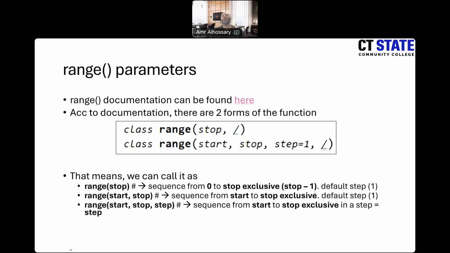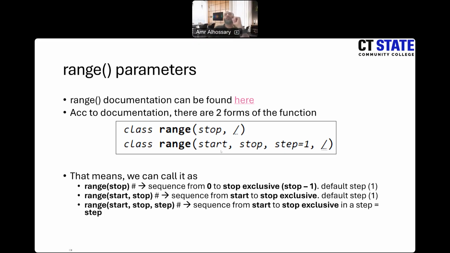That's stop minus 1. I think we heard this before. This is déjà entendu, deja vu. Zero to stop exclusive. We heard that before. Where? Yes, in slicing sequence, right? Yeah, that's right. Okay, so I keep it in my mind.